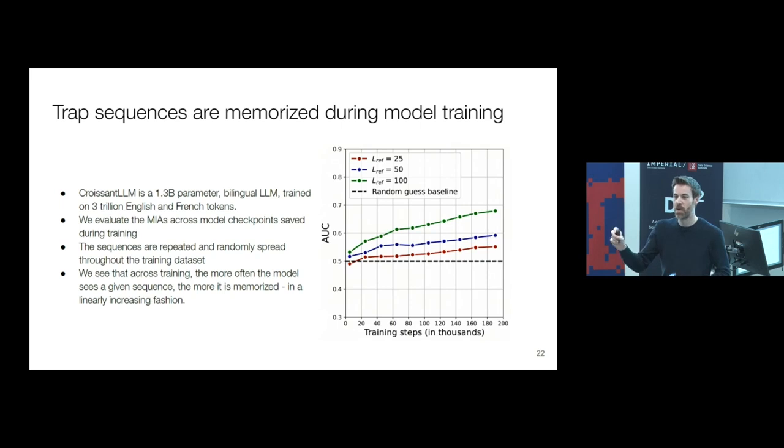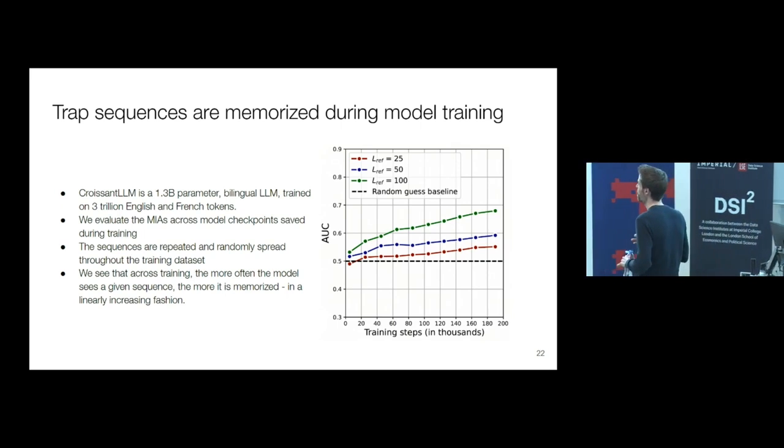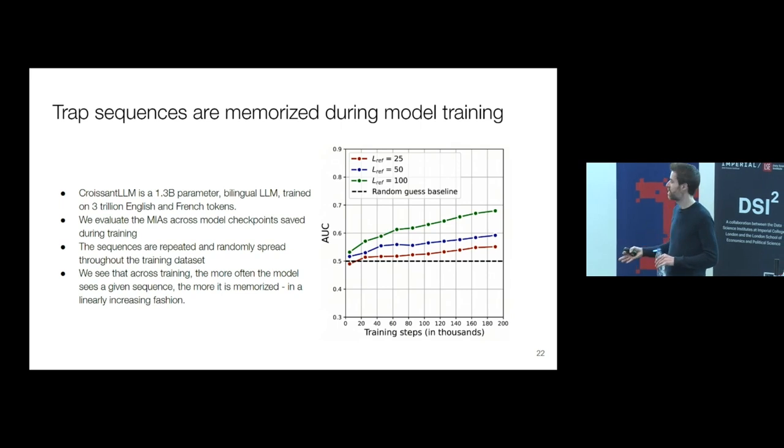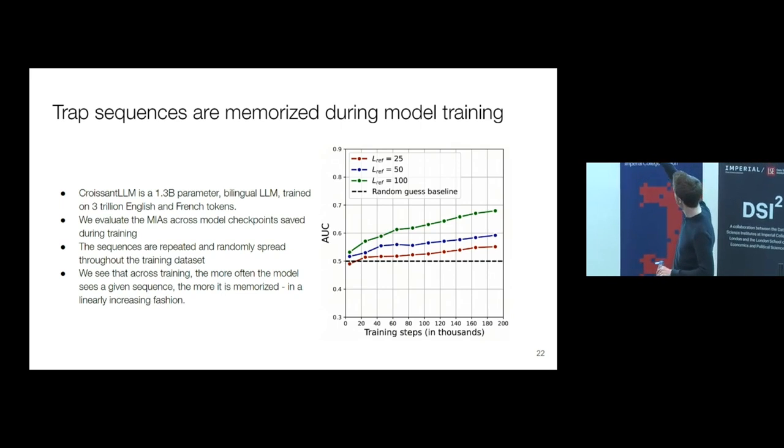And then we looked at whether we could detect if the sentence was seen during training or not. You can see that the sentences are repeated and randomly spread across the data set. Here, the green curve, the blue one, and the red one are for a sequence of 25 tokens, 50 tokens, and 100 tokens.